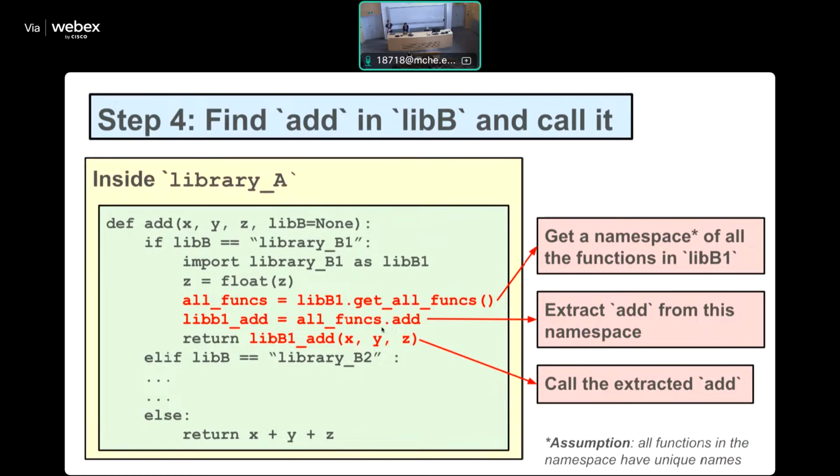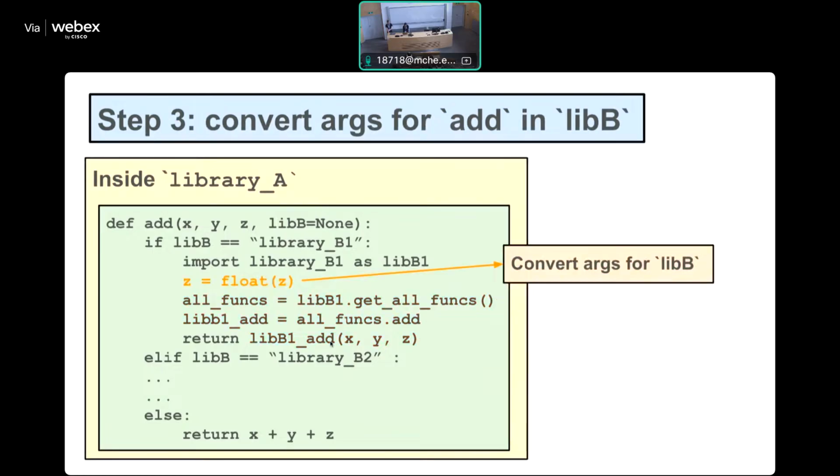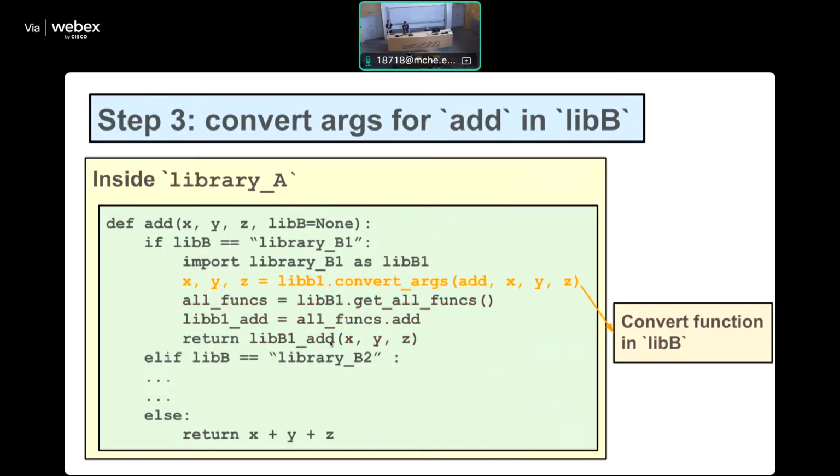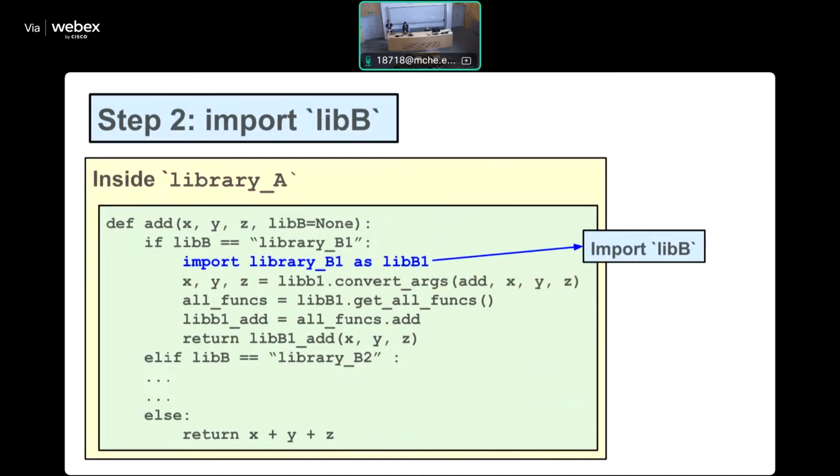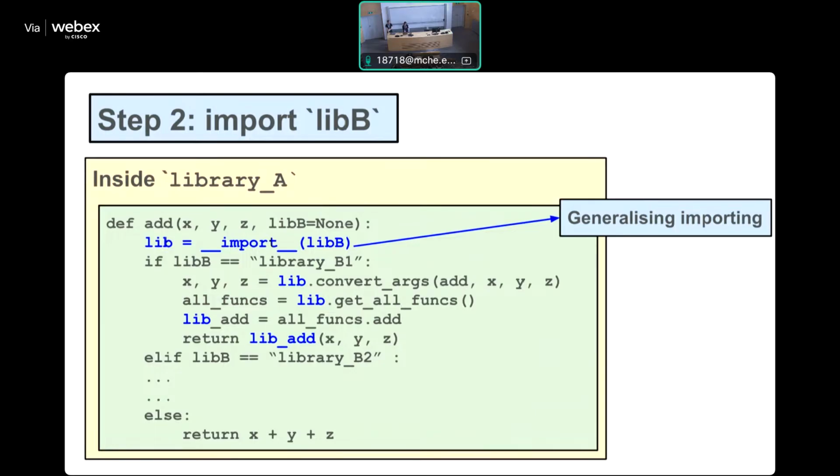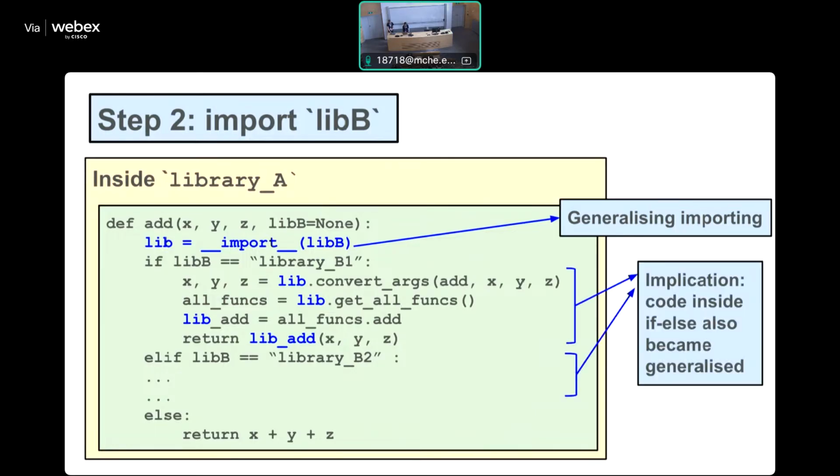That's an assumption, and then we just call that add function. For convert, you take in the function name and argument names, and library B1 gives us the correct argument types. For importing I just used the backend name, and now you can see that in these if-else conditions the code also became quite general, so we can remove all these if-else conditions for other libraries.